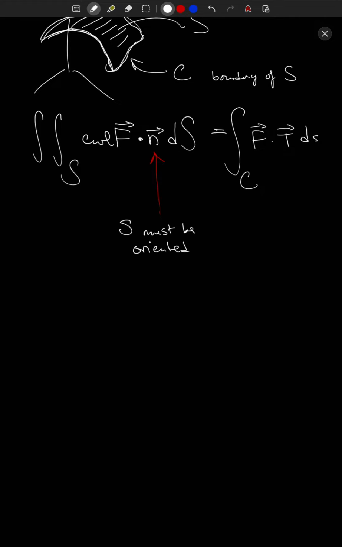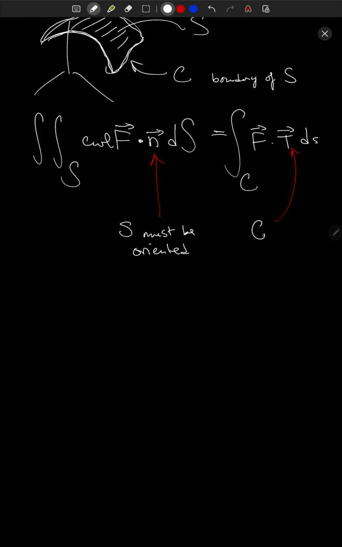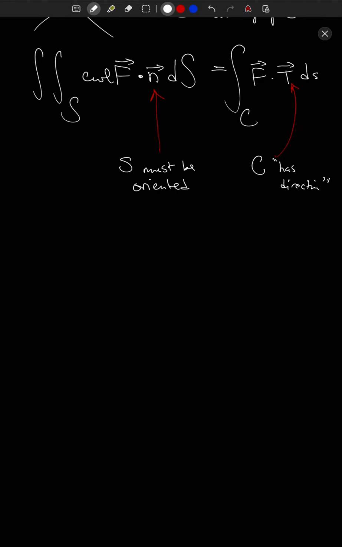And here, this tells me C has to be oriented. Because it's a curve, let me say C has a direction. We could say it is oriented as well, but has direction is maybe more approachable for curves. So the deal is these two have to be compatible.